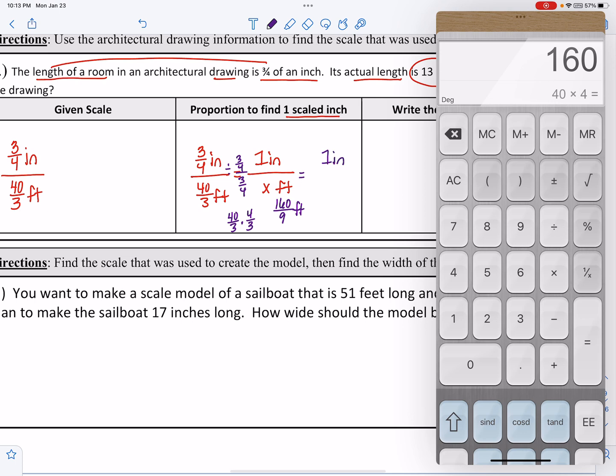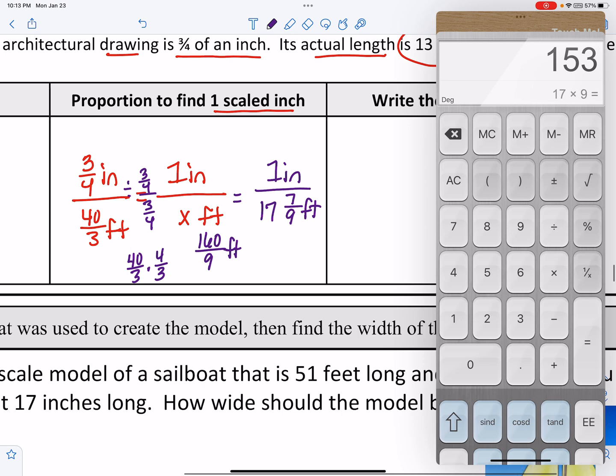So for every 1 inch of a drawing, let's see, 160 divided by 9, we have 17 and leftovers. 17 times 9 is 153. So 17 and 7/9 feet.